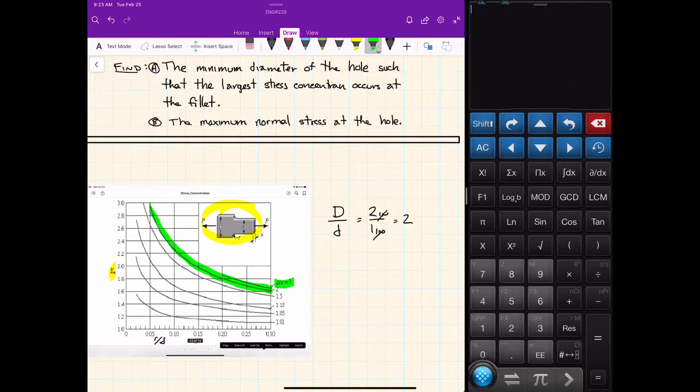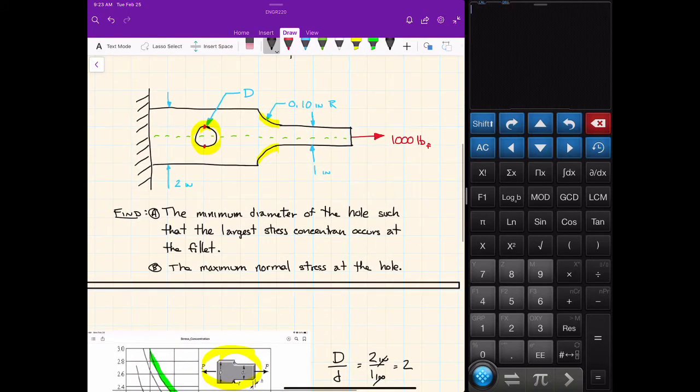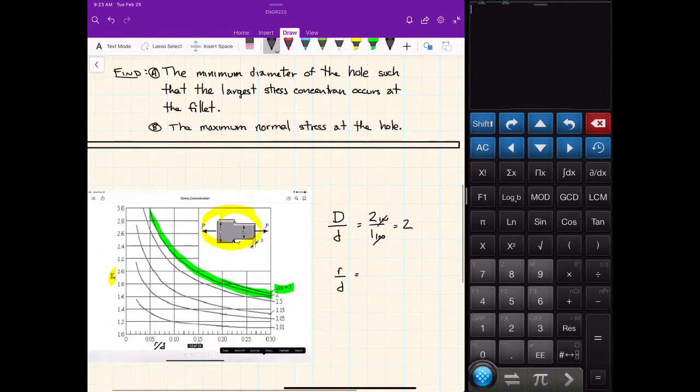The x-axis tells us where along this trace we need to measure the stress concentration factor, and it's determined by r over lowercase d. r is the radius of the fillet, which for us is 0.1 inches. And that lowercase d is still 1 inch. Again, the inches cancel out and we're left with 0.1.